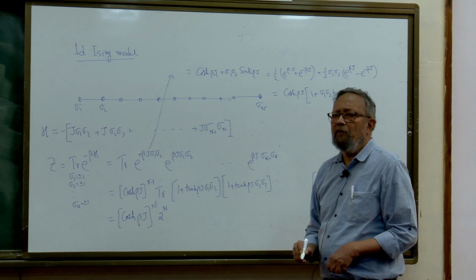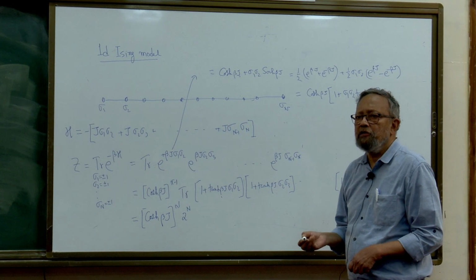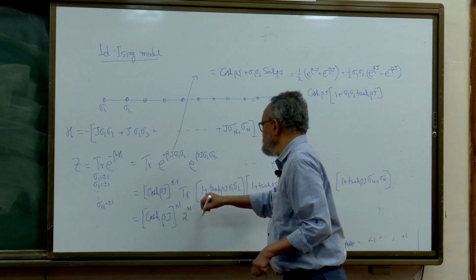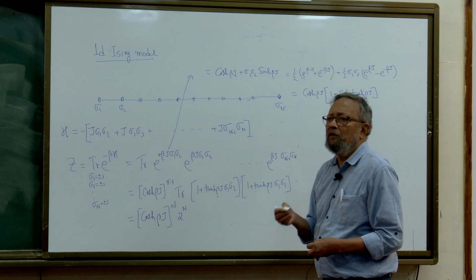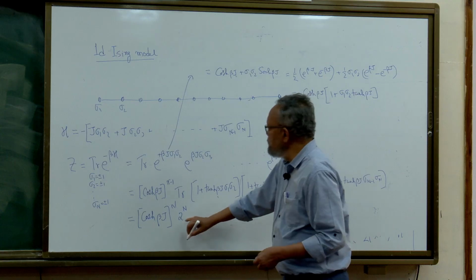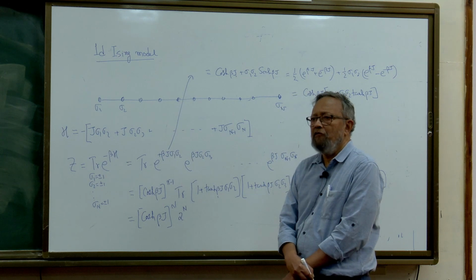Why 2 to the power n? Because each sigma can have 2 values. And of course, just summing this 1, whatever value of sigma doesn't matter. For all of them it is equal to 1. So you have 2 to the number of spins that you have in the system.